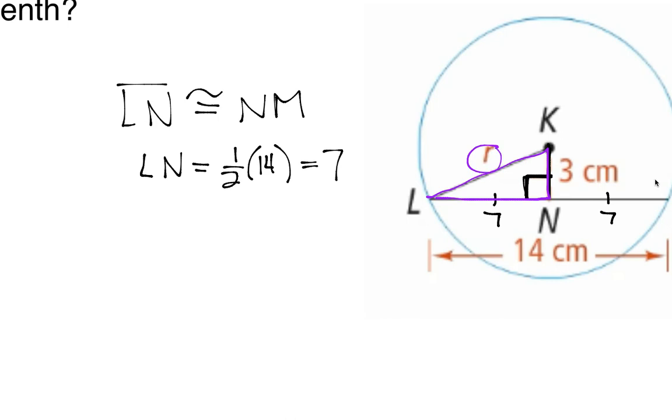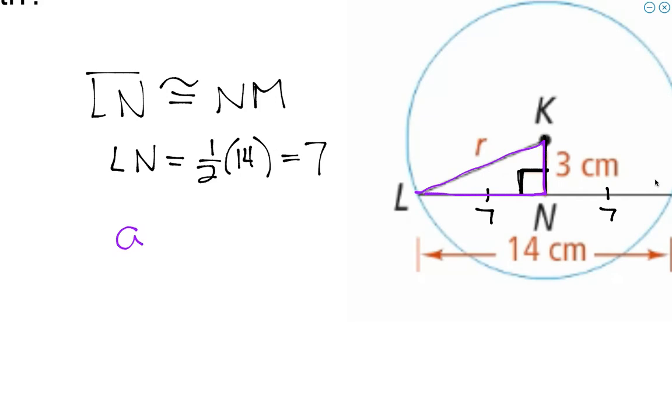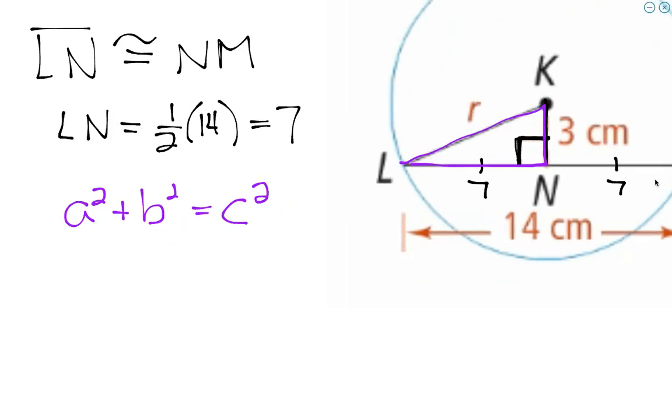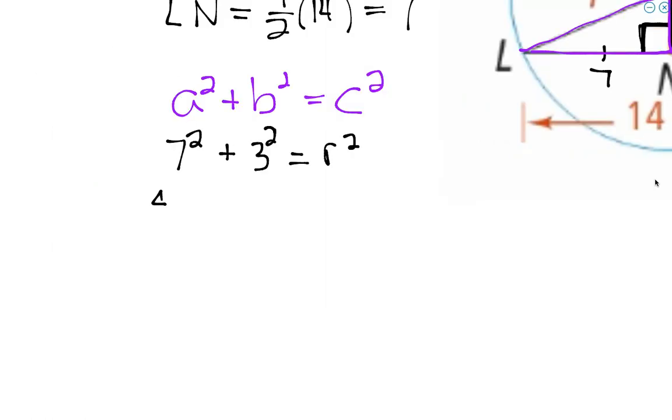Anytime we're missing a side of a right triangle, we're using the Pythagorean theorem. So a squared plus b squared equals c squared. I'm going to substitute in what they give me. So 7 squared plus 3 squared equals r squared. So this is 49 plus 9 equals r squared. So 58 equals r squared.